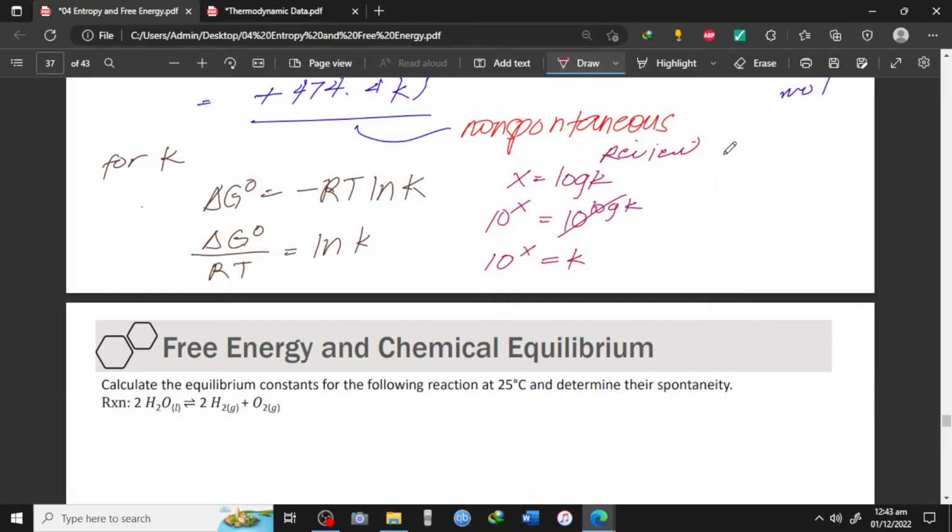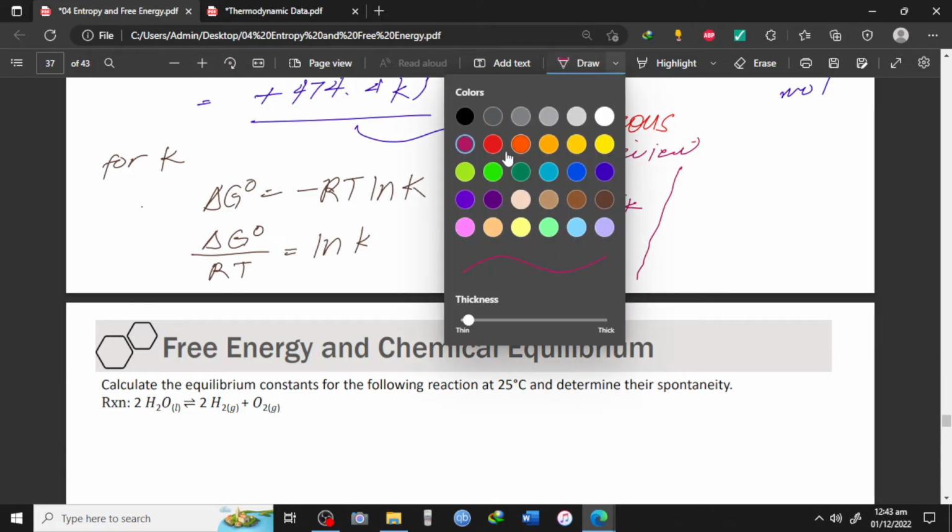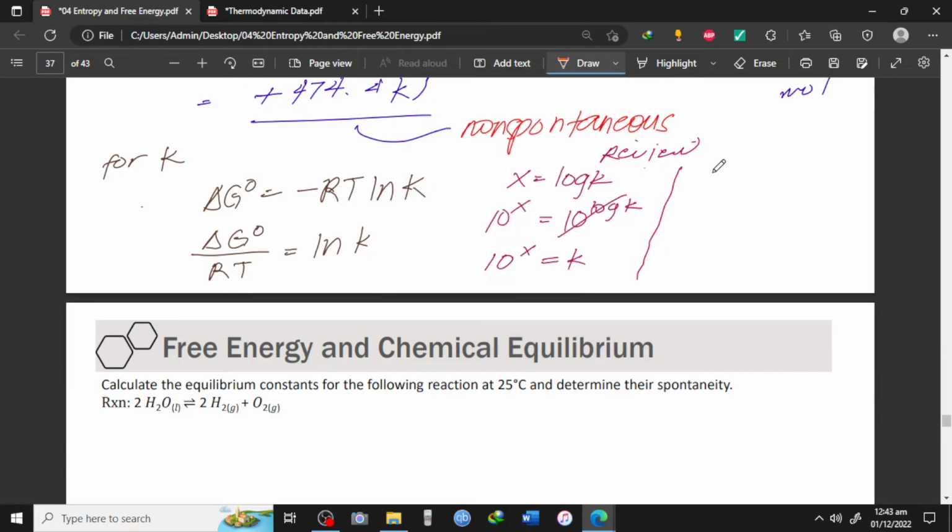Okay. Ngayon, students, pwede rin natin yan gawin sa natural logarithm or yung tinatawag nating ln. So, let's say meron kang x ulit, tapos meron kang ln or natural logarithm of k. In this case, student, hindi natin gagamitin yung antilog.